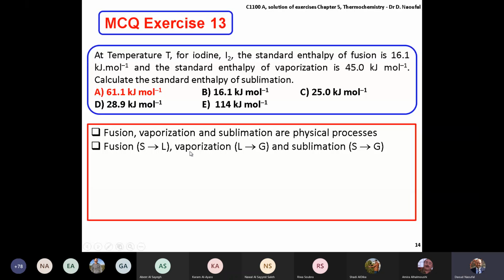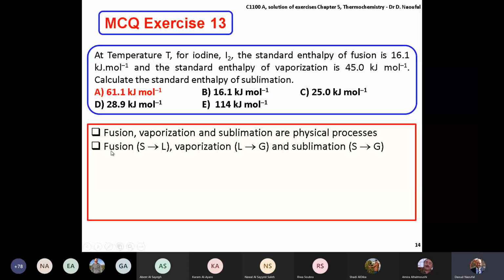The vaporization is a physical transformation when we transform liquid to gas at a constant given temperature, and the sublimation is the direct physical transformation of a solid to gas at a given temperature.